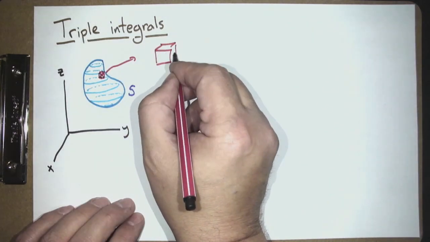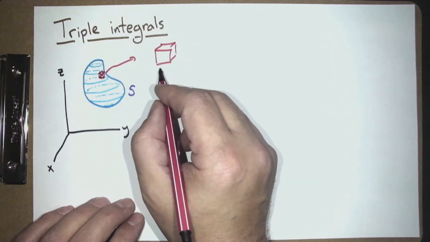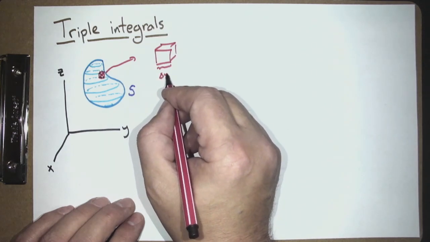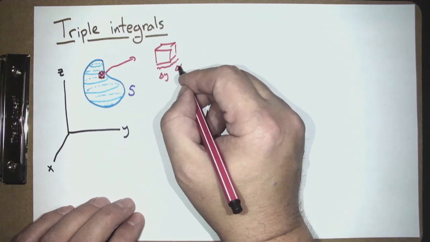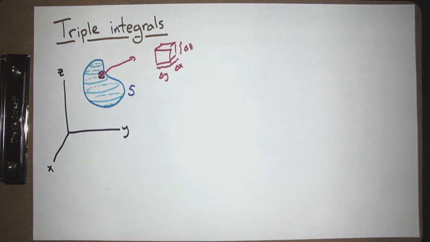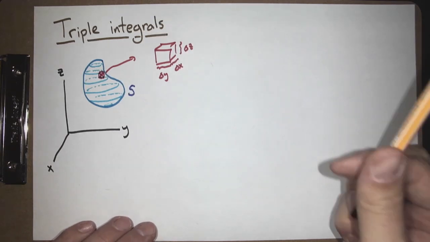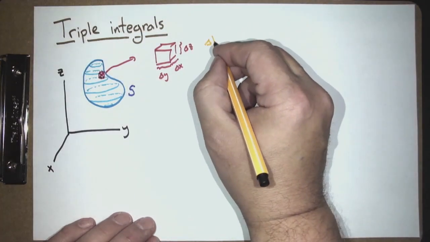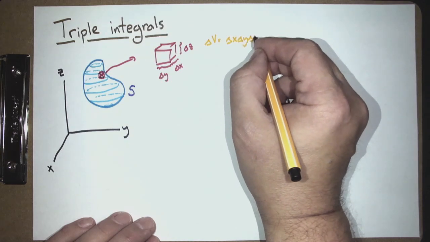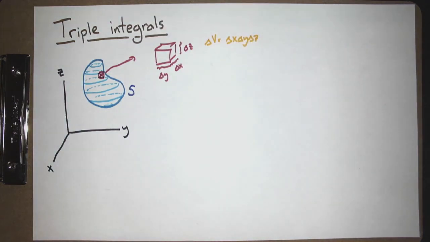And when we look at it, it's very easy to understand what's happening. There's a small change in the y direction, a small change in the x direction, and a small change in the z direction. And so our volume here is delta x, delta y, delta z. And we say, all right, chop things up into cubes.